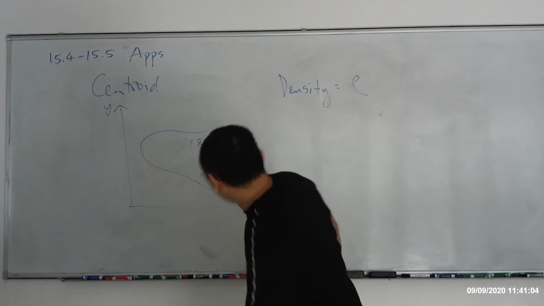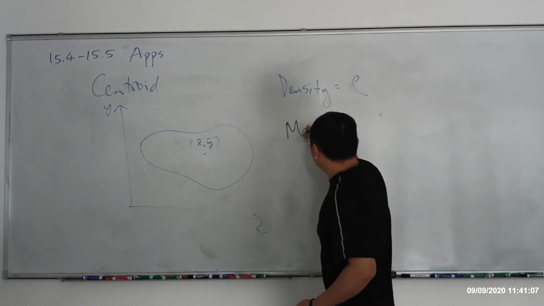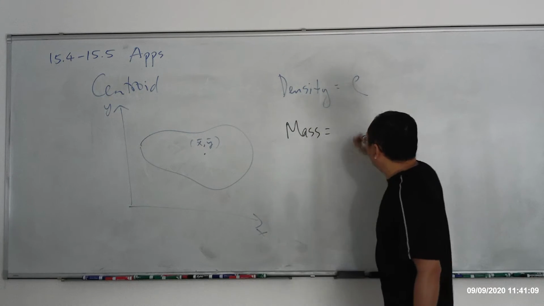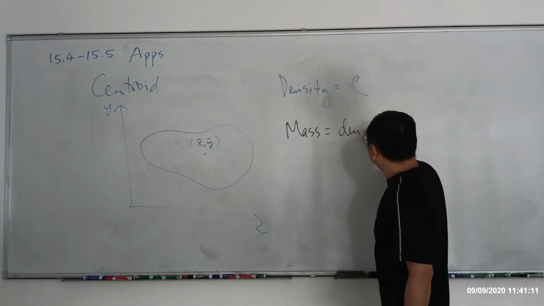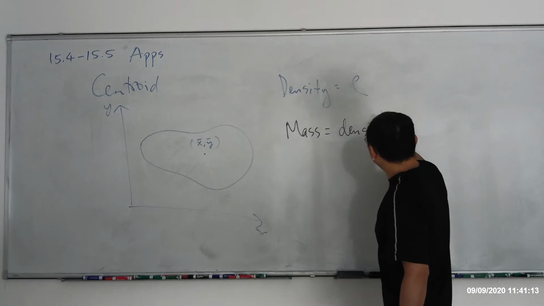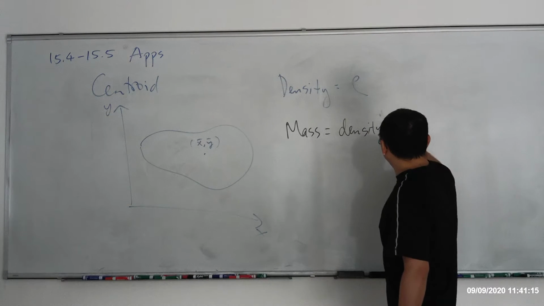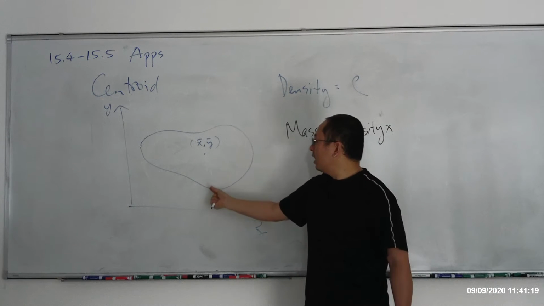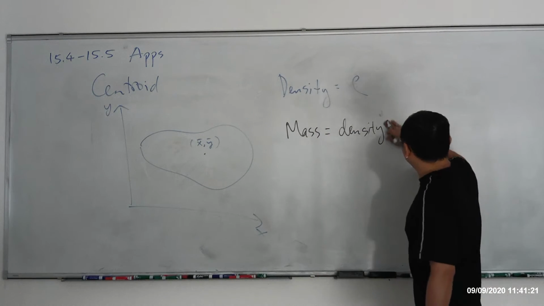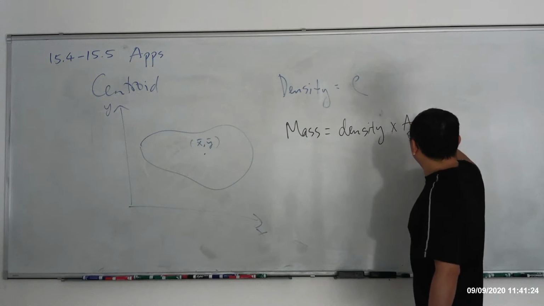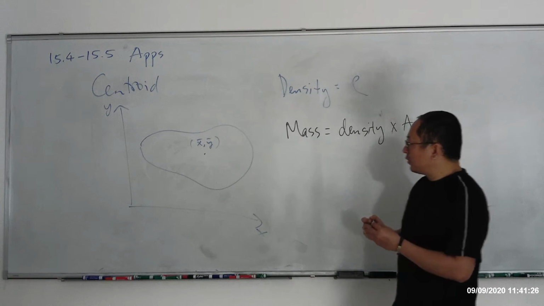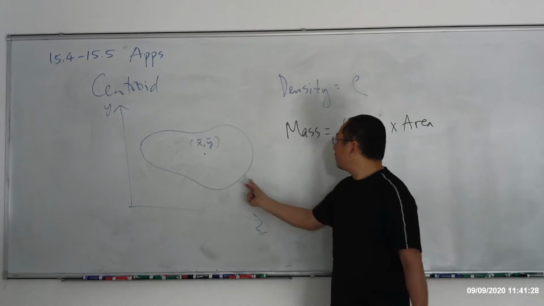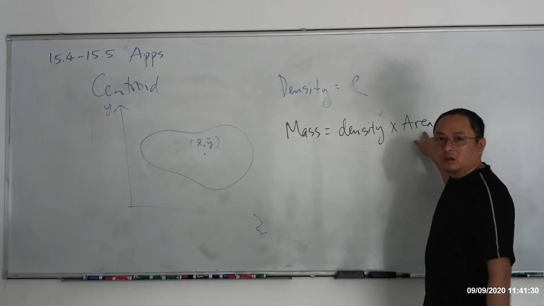Mass. In physics, mass is calculated by density times, and since it's now two-dimensional with no thickness, just times the area. If you have a 3D object, as in real life, then you take density times the volume, okay?